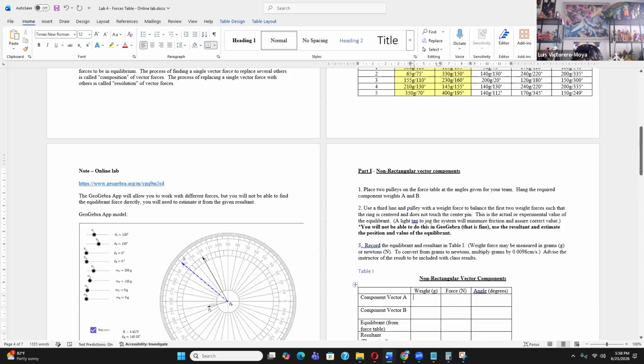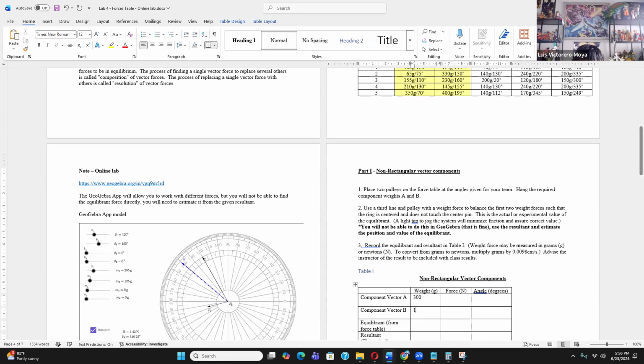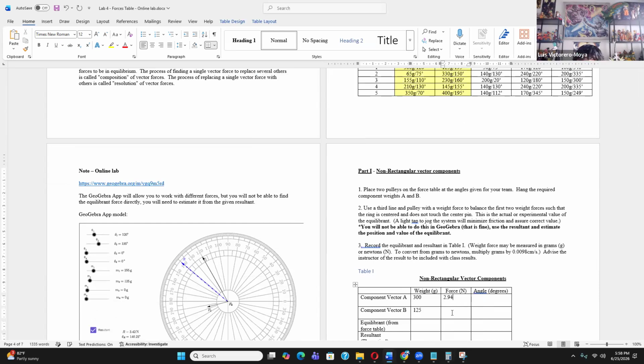300 grams and 125 grams. So how do you find the force? I'm hoping that by now, when you're doing this lab, this is clear. The force in newtons is mass in grams divided by 1,000, because you have to convert to kilograms, and then you multiply by the value of gravity. That's 2.94 newtons.